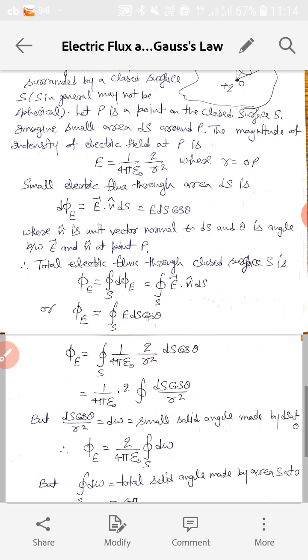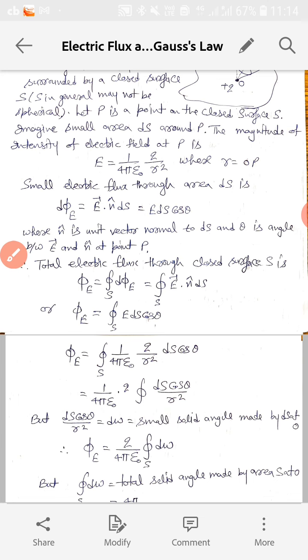Now this value, ds cos theta by r square, is nothing but d omega, the solid angle subtended by that small area at point O. What we are calculating is the integral of this small solid angle over that complete surface.